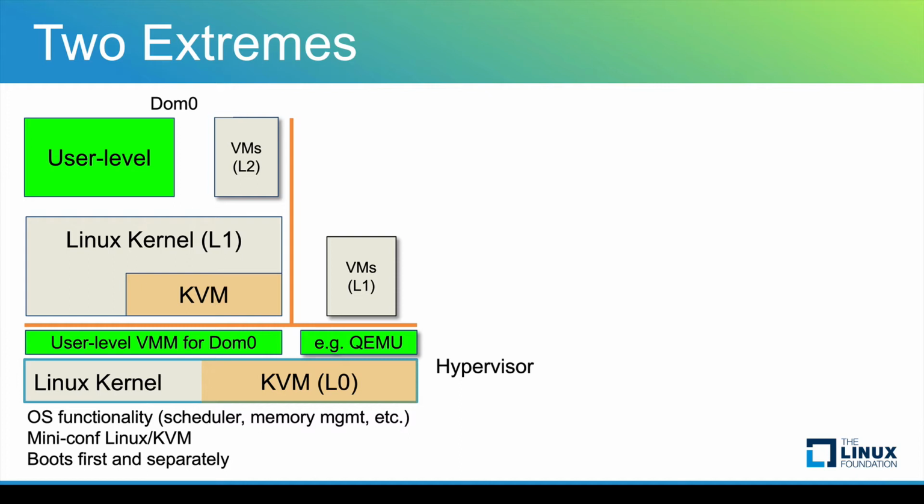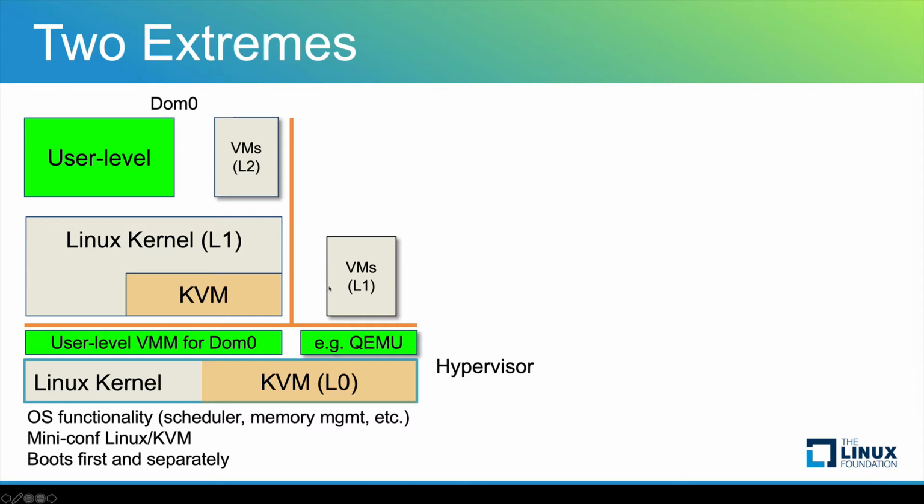It has a scheduler, memory management, and so forth, and it boots first and separately from Dom0. As Linux, it can run user processes and user level VMMs. For Dom0, we cannot use QEMU per se, mainly because it doesn't need to, since I/O virtualization is not really required there. For other VMs, we probably need to use QEMU.